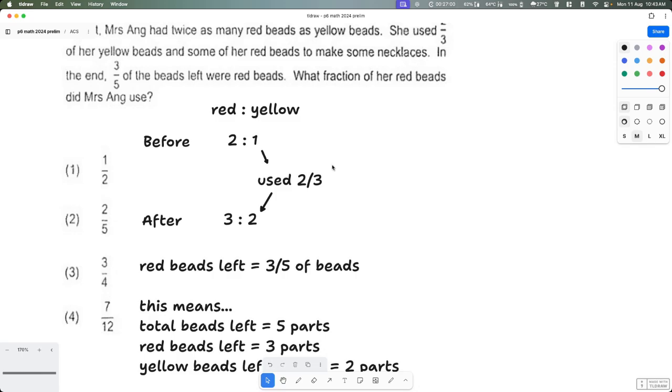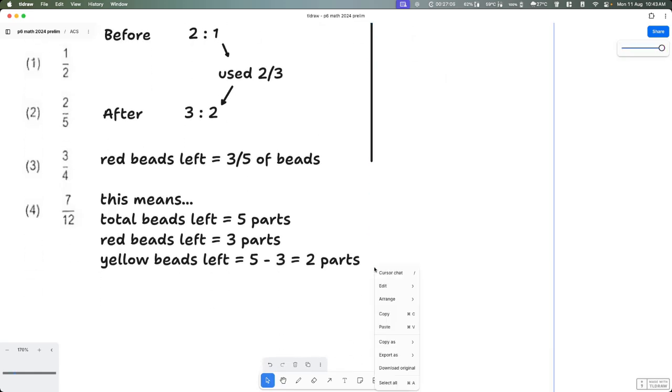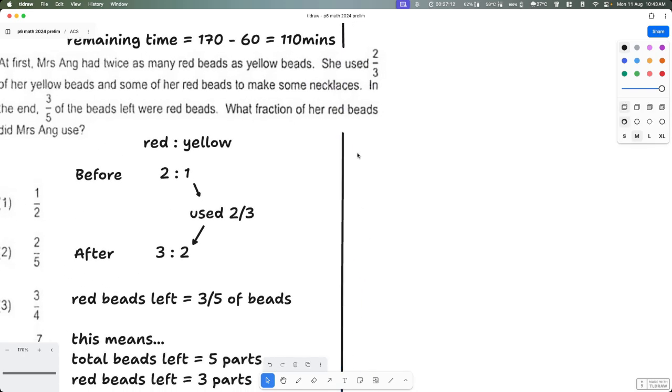Okay, so simply what we can do is, in this case, we can say yellow used was 2/3.